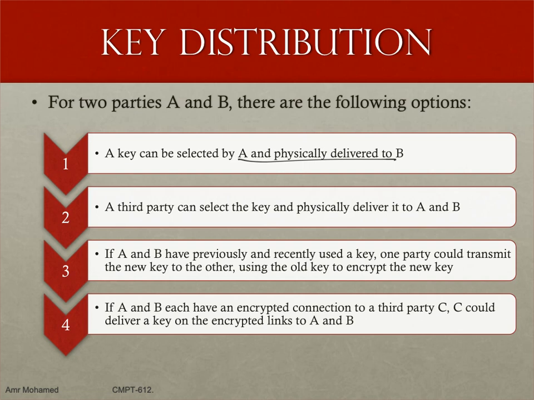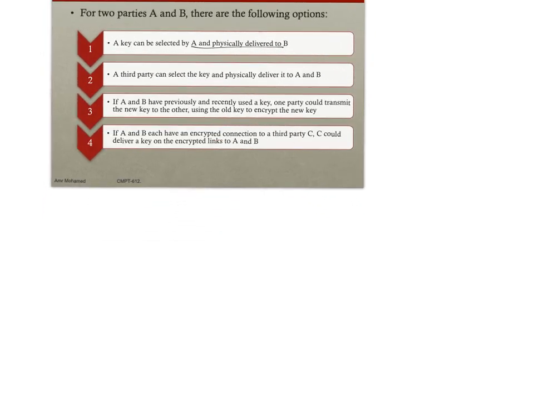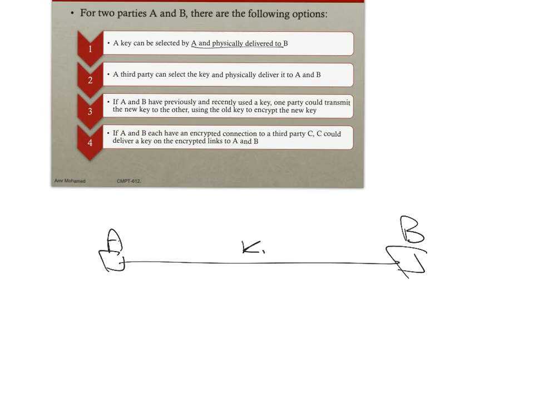So by doing this, you make the chance for an attacker to guess that key less. You see what I mean? Okay, so this is A, and this is B. Now they are using key 1.